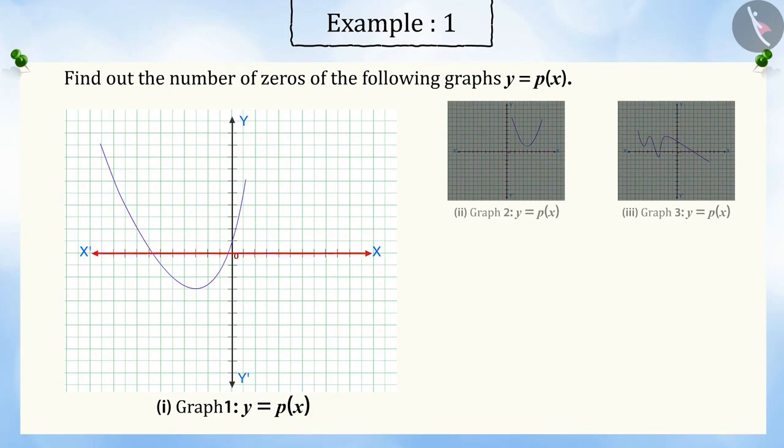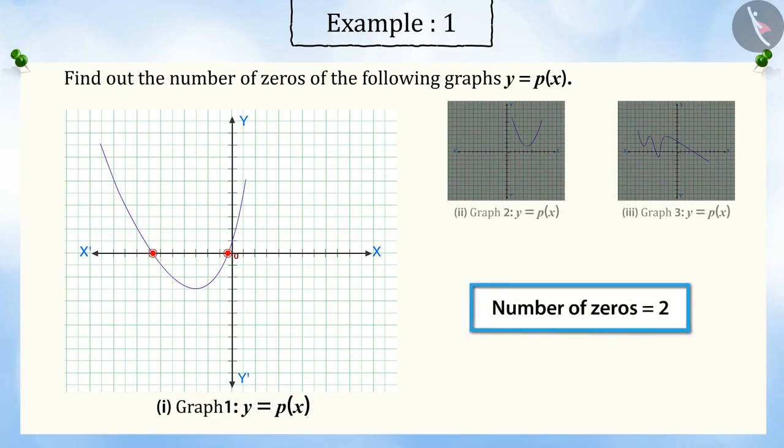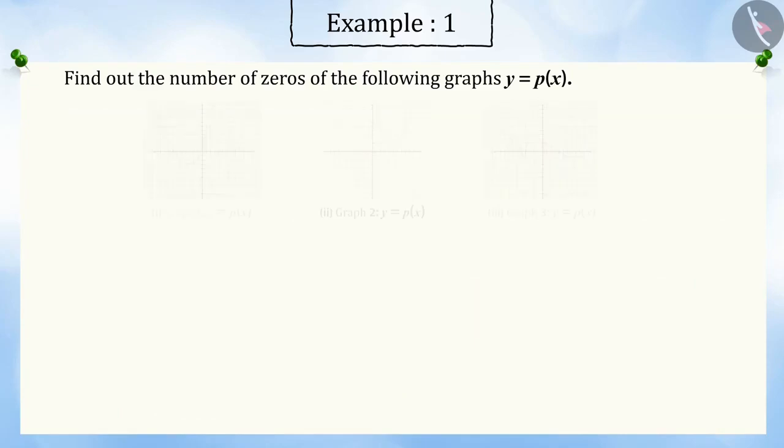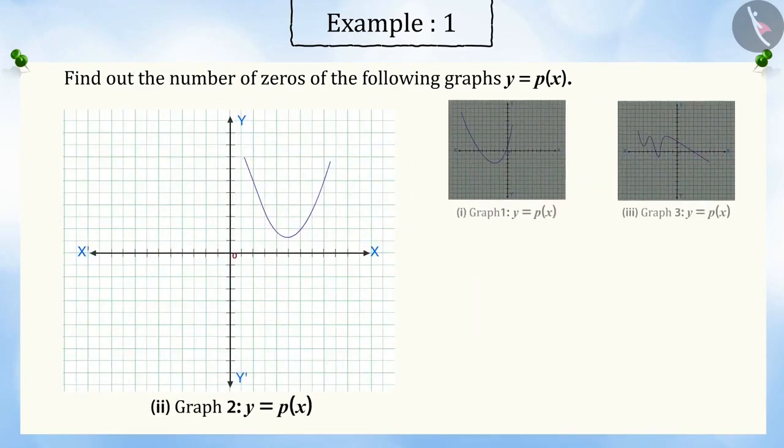Can you tell the number of times this graph intersects the x-axis? Correct. This graph intersects the x-axis at 2 points. Hence, the number of zeros would also be 2. In the next graph, you can see that the graph doesn't intersect the x-axis anywhere.